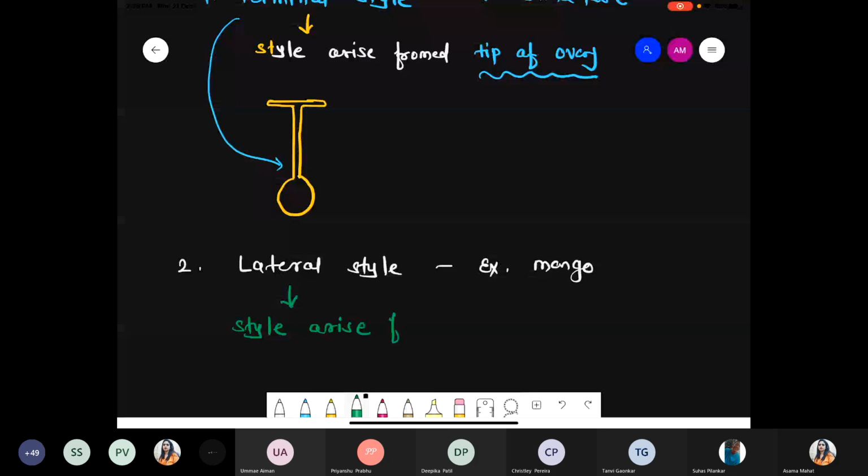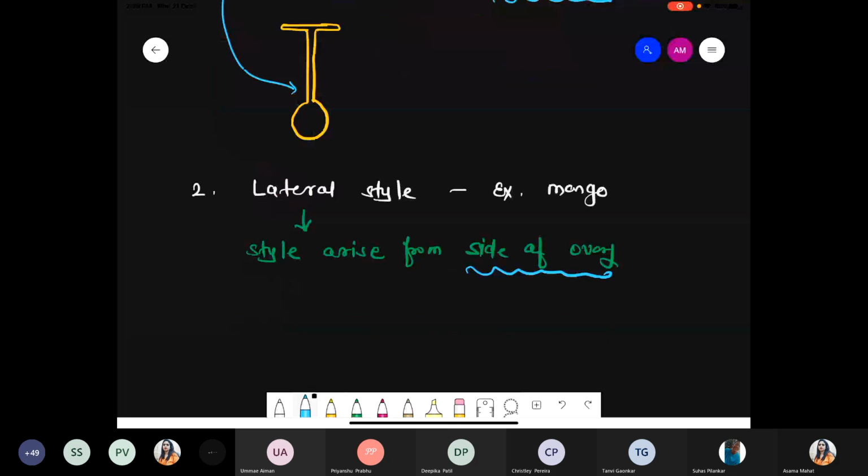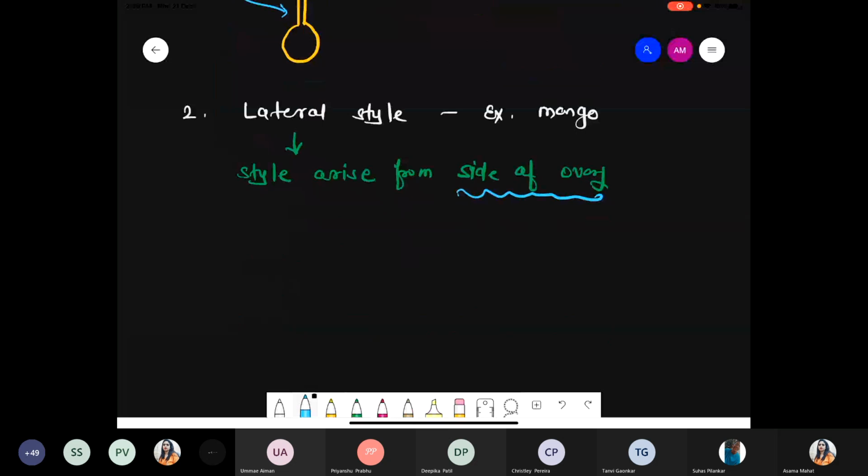So quickly the diagram: suppose this is the ovary, and from a side position, any side, there is a formation of the style, and now the stigma.